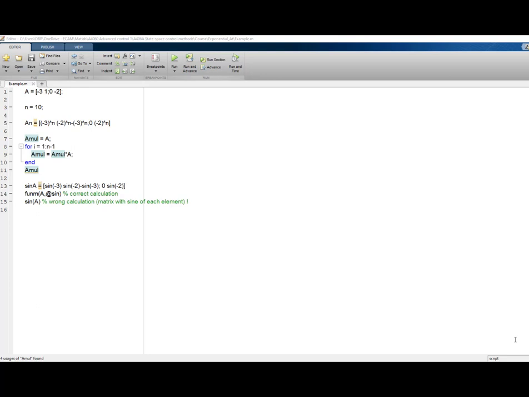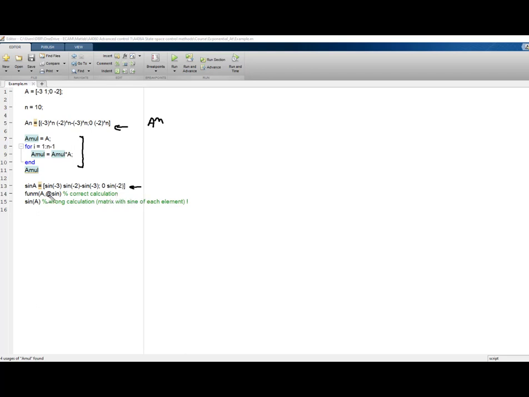So what we can do is check, for instance, the computation of A to the power n. This is what we had obtained when we did the calculations, and here is the computation using MATLAB, and this is the sine of the matrix that we had obtained by hand calculation.